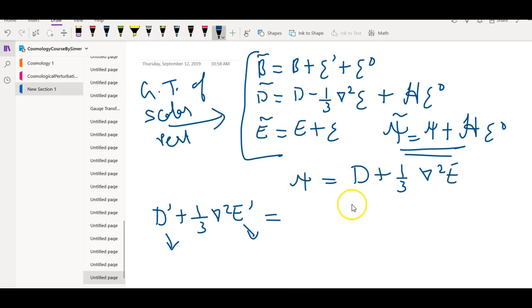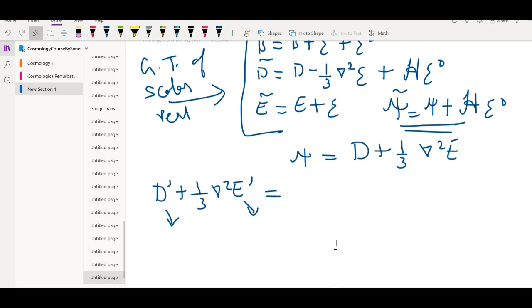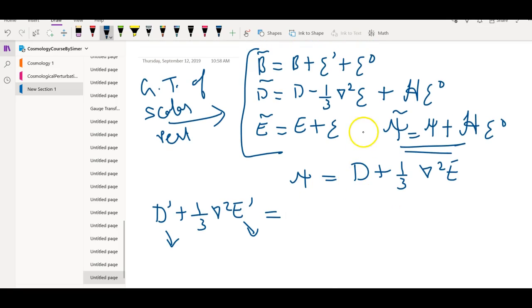Now what we want to do is, from these three equations, eliminate xi. Here we have two variables, xi and xi 0, and three equations.